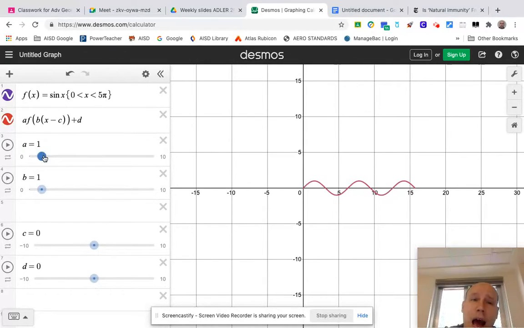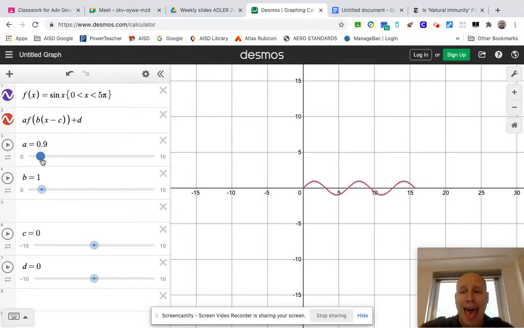So we see as a is greater than 1, it stretches away. And as a is less than 1, it kind of stretches towards the x-axis. But in both cases, we say that it has a vertical stretch with a factor of a.